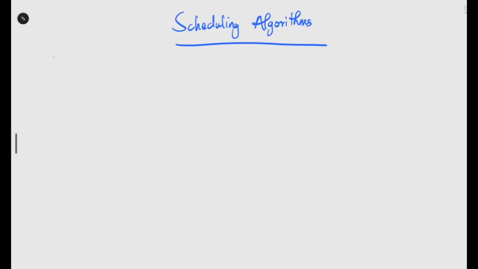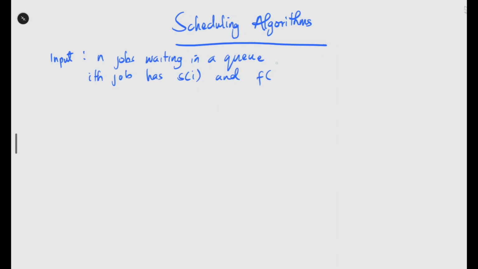Let's say we have n jobs and our input would be n jobs waiting to be done in a queue, and each job, where every ith job has a starting time, let's call this si, and a finishing time, fi.